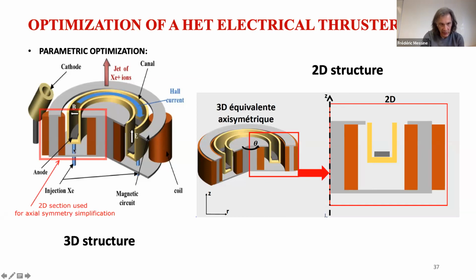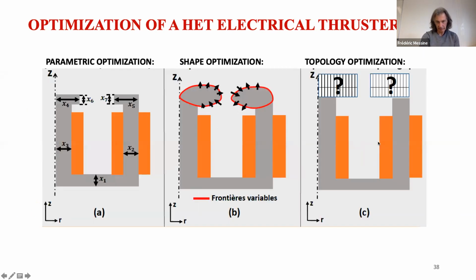You can see the structure. We make a simplification in 2D. That's an axisymmetric structure. You can make a cut, and you can see here the iron parts, also the coils, for example, of those kinds of thrusters. And we want to design those parts, mainly the pole parts, of iron, because we need to have some magnetic field in some part inside the channel, okay, here.